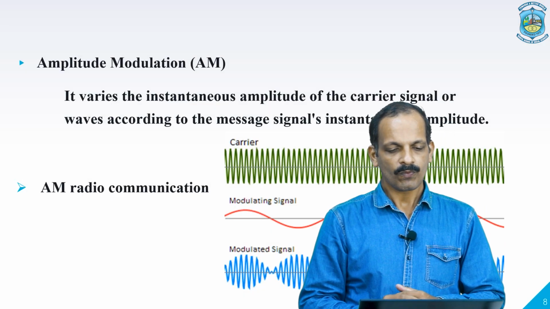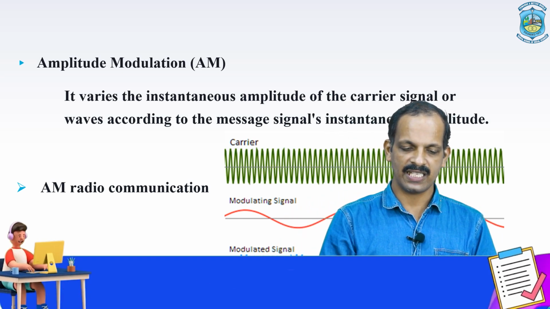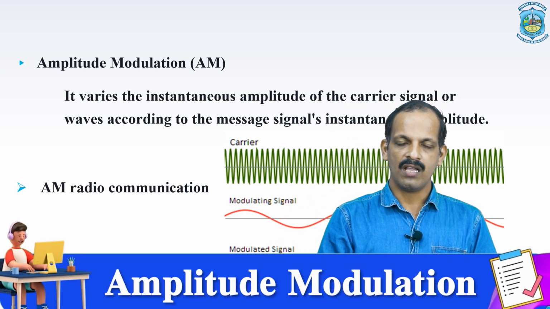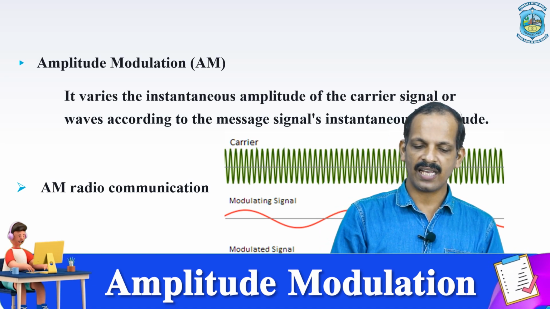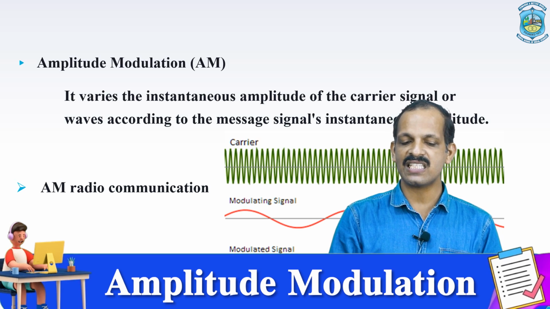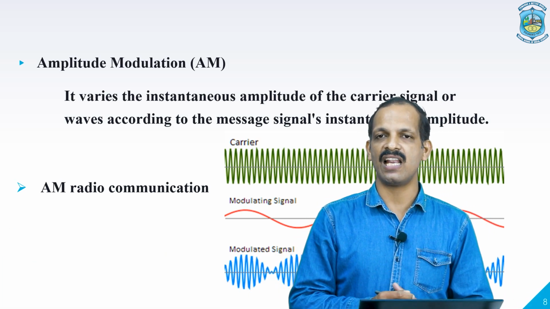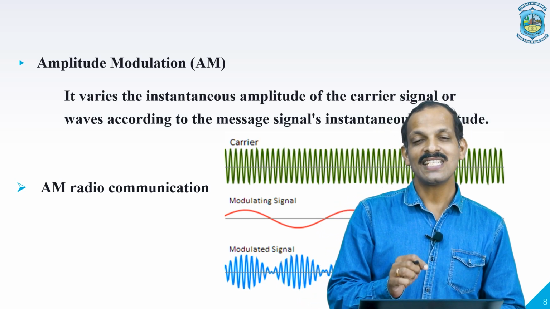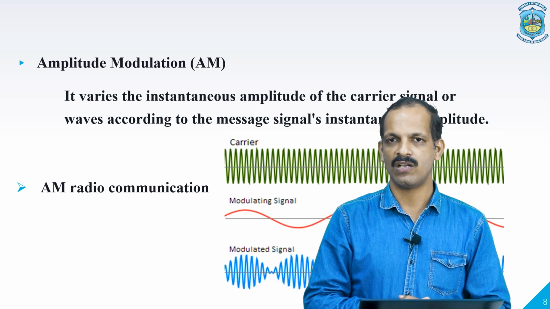First, when we check amplitude modulation, it is a process that varies the instantaneous amplitude of the carrier signal with respect to the instantaneous amplitude of the information signal.